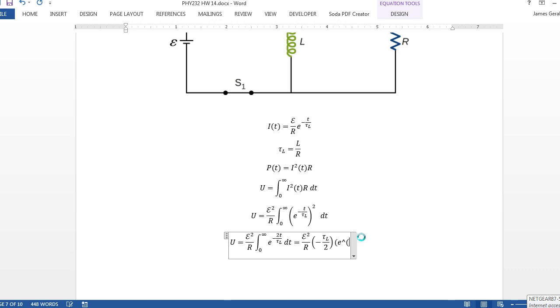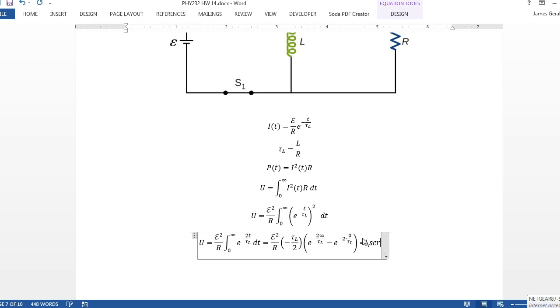E to the minus 2 infinity over tau sub L ends up being 0, minus e to the minus 2 times 0 over tau sub L, which ends up being 1. So we have 0 minus 1, which just gives us a minus sign, which cancels out the minus sign on the minus tau sub L over 2.